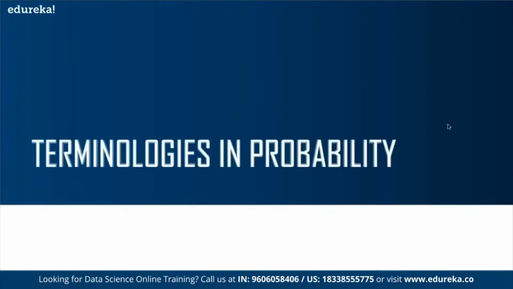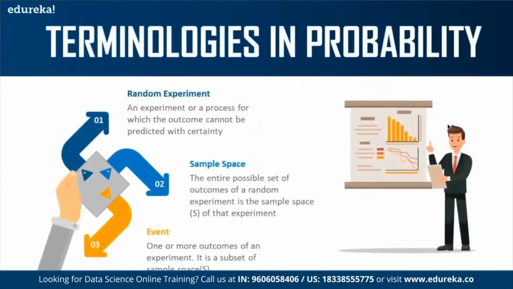And in terms of the common terminologies we use in probability, we have random experiment, we have sample space, and then we have events. A random experiment is simply a process where the outcome cannot be predicted with certainty, right? And then we have sample space, and then we have event type, right? The entire possible set of outcomes is the sample space for that particular experiment.